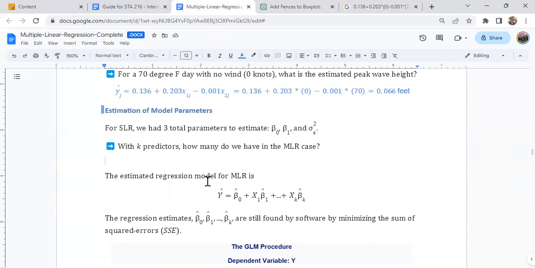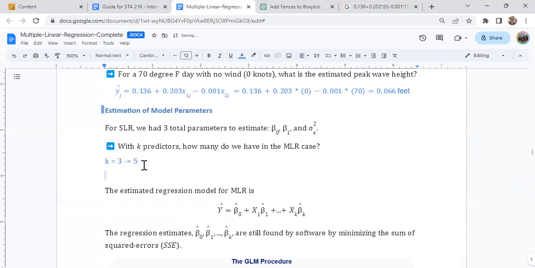How many parameters would we have then? We would have 5, right? So k equals 3 would lead us to 5 parameters. And then in general, we have to estimate k plus 2 parameters.